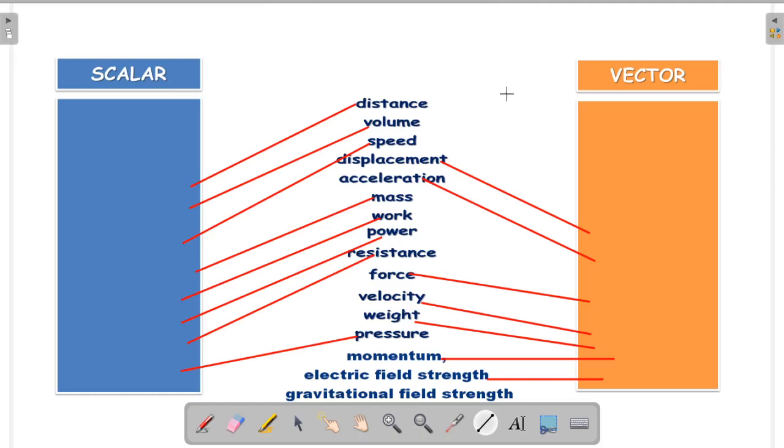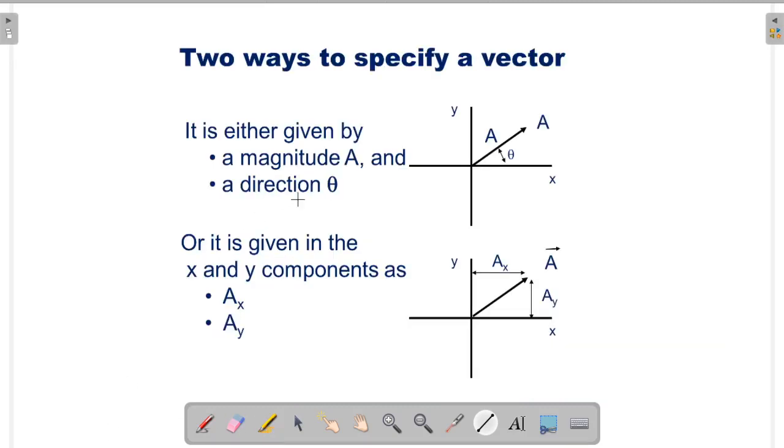There is another, gravitational field strength. The gravitational field strength at a point is the gravitational force per unit mass. It indicates the direction. For this reason, gravitational field strength is a vector quantity.